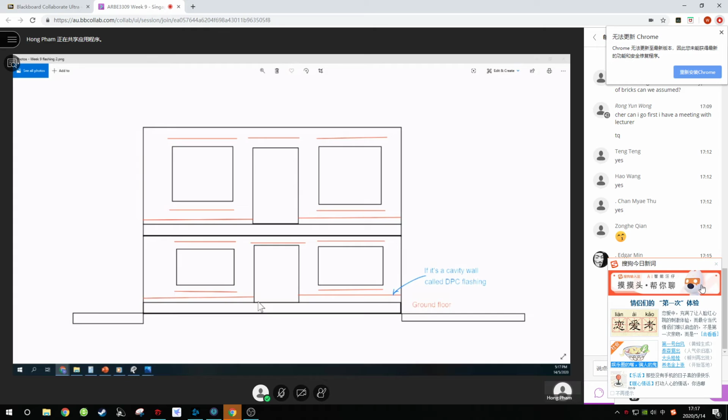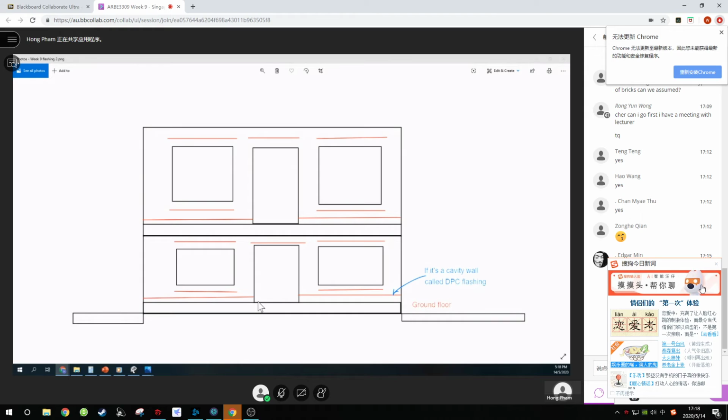Yes, this is a flashing. Full length windows, if it goes all the way down, touching the slab, then you don't need a flashing there. You only need the top part. If it's a full length window, it looks like a door. Then you only need the head flashing. You don't need the sill flashing because there's no sill.